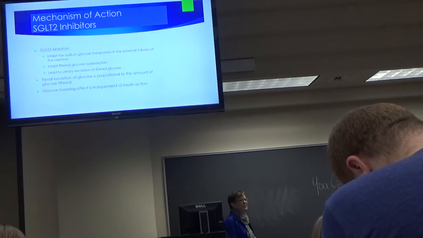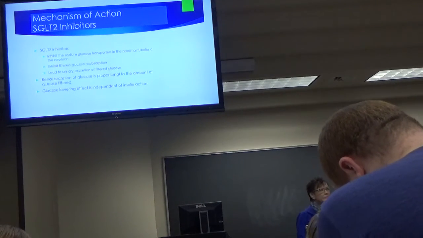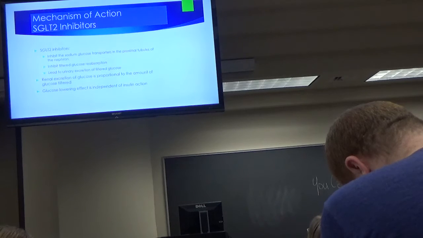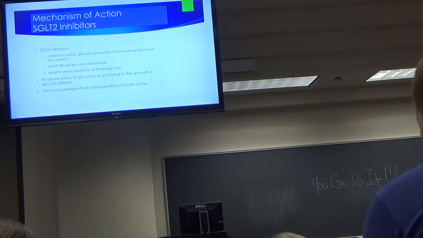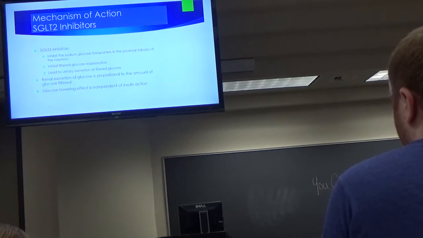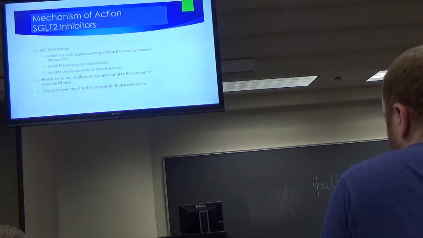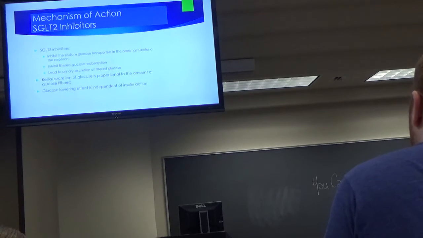A couple of things on this slide. The amount of sugar that gets excreted in a day when these drugs are used is proportional to how much you filter. So if people's blood sugars are fairly high, they will get rid of a lot of sugar. And it is independent of insulin action.